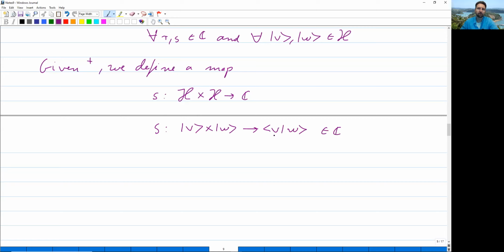Remember what this was? This was the bra of V acting on W, because the bra of V is a linear map that maps vectors out of H into C.